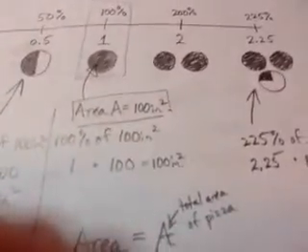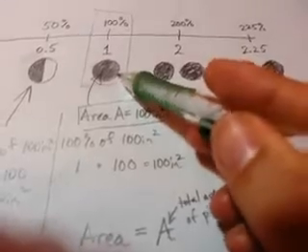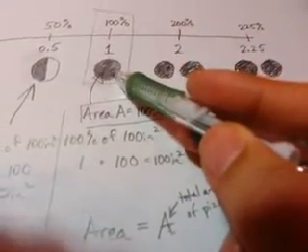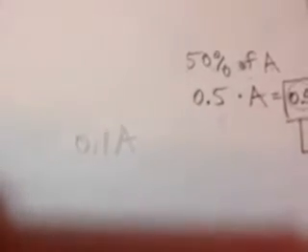In this case, I want 100%, or 1A. So, as an example, 0.1A, again A meaning the total area of the pizza.